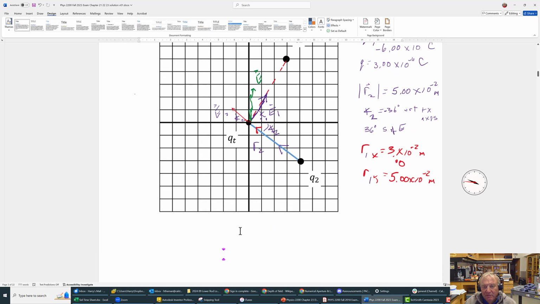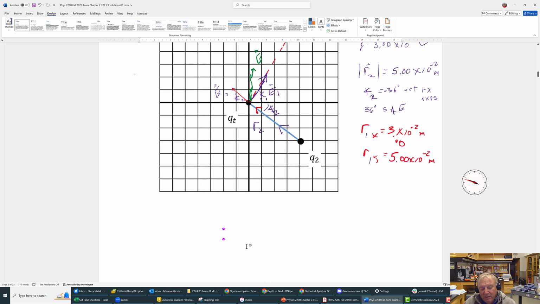Right. So we can't just add them together in quadrature like it's the Pythagorean theorem, because we can't assume that those two vectors are at right angles to each other. They're most likely not. Well, they do kind of seem it though. But we get the components of E2, and then we add the components up. In the case of E2, we should notice that it's going to be negative.